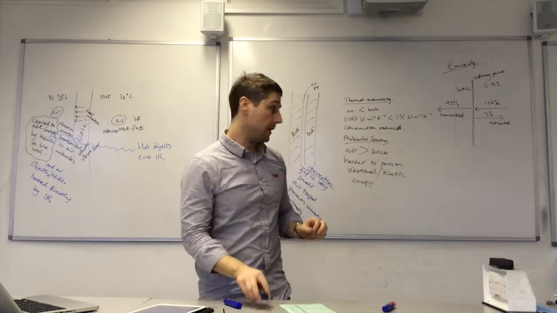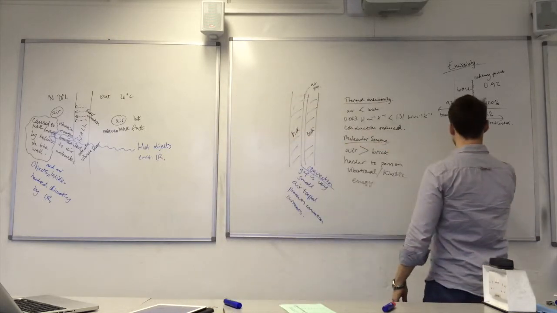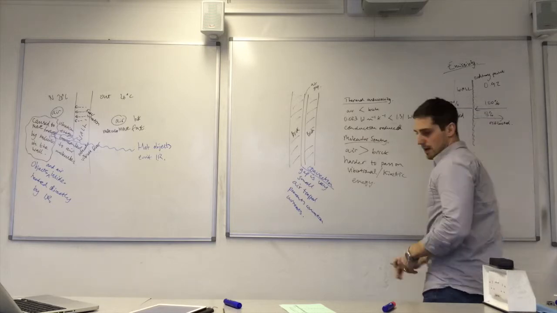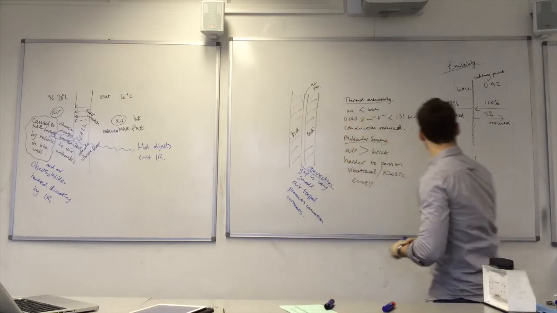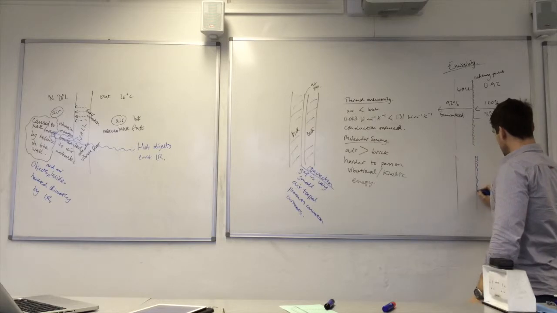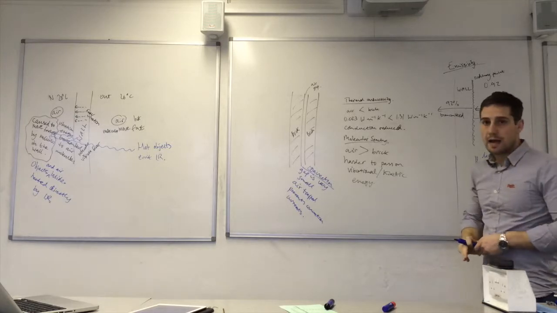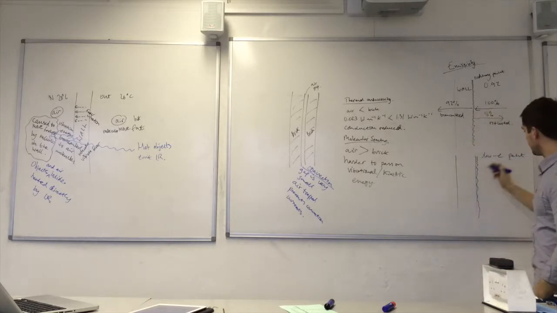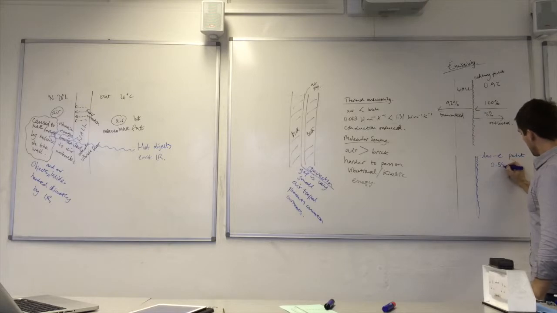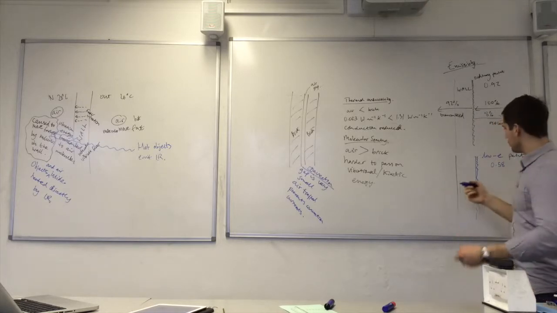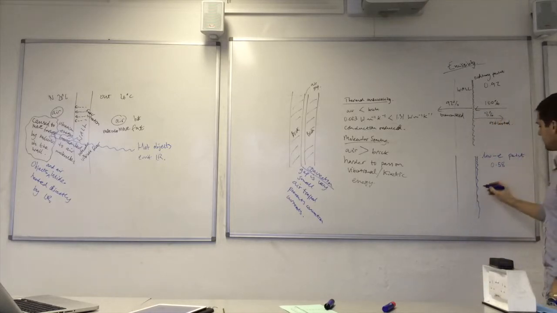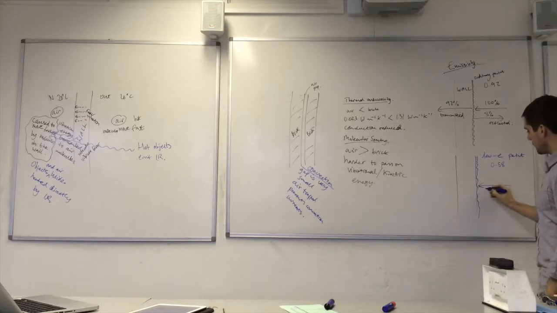If you have low E paint though, so we've got another wall here, and this has low E paint here. Low E paint has an emissivity value of 0.58. So again, multiply it by 100 and that tells you how much percentage will be transmitted.